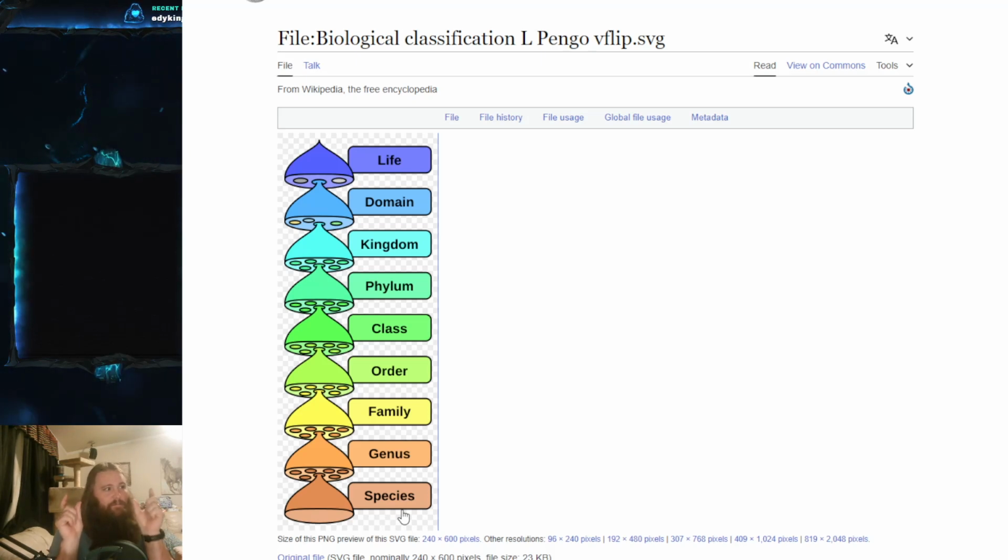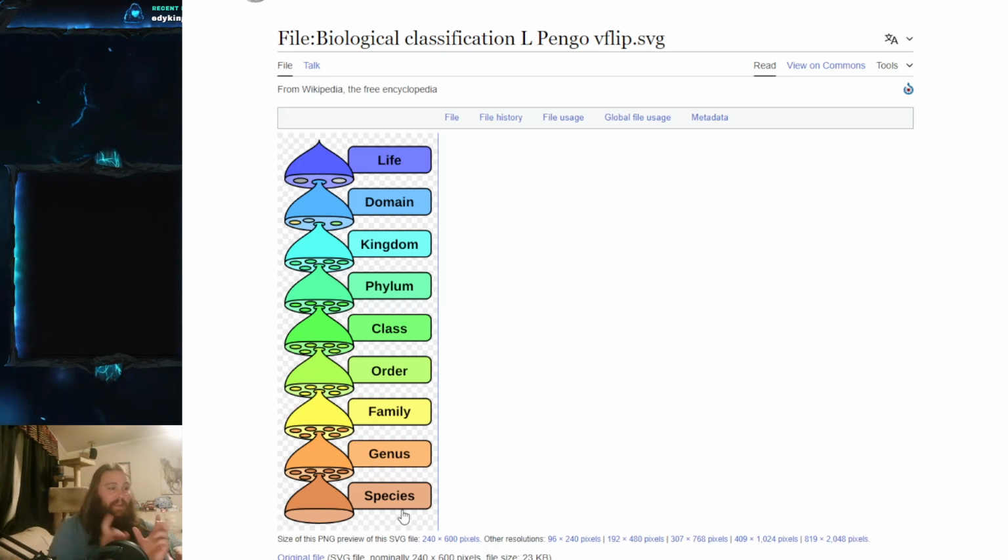Together, the genus and specific epithet make the scientific name, the species name. So, Vulpes vulpes, the red fox. Vulpes is the genus. Then the second vulpes is the specific epithet. The species name is Vulpes vulpes, and that's very important.